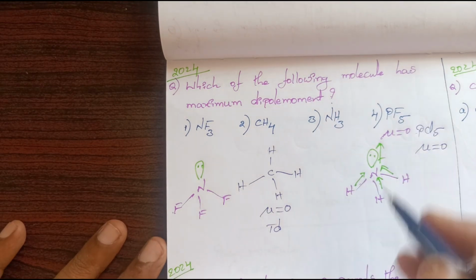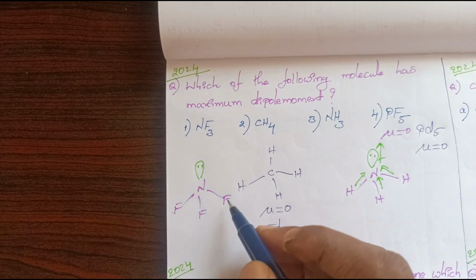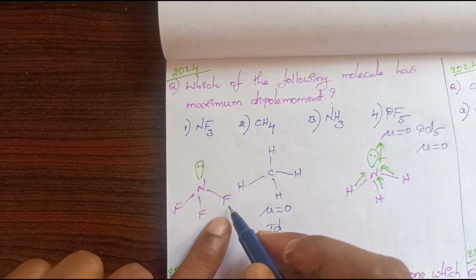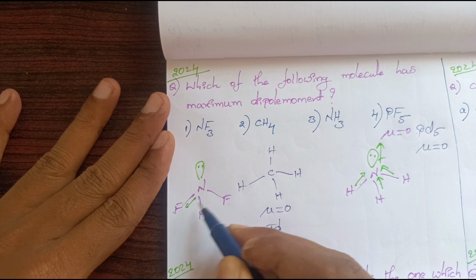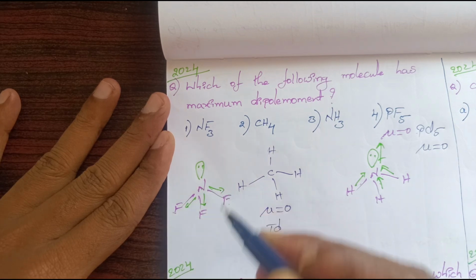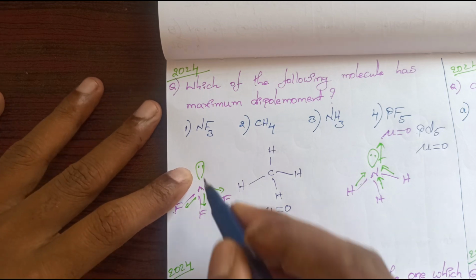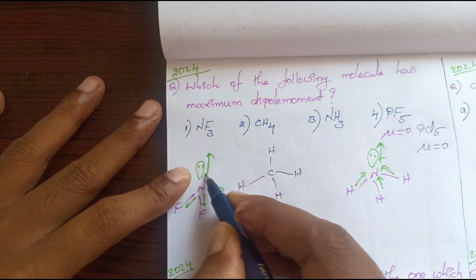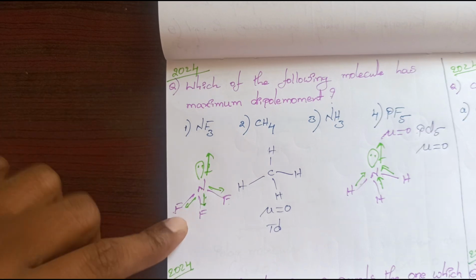There is no cancellation in this case. But in NF3, comparing nitrogen and fluorine, fluorine is the more electronegative element in the periodic table. The sigma bonding electron density moves to the fluorine side, and the lone pair also has a dipole moment moving in the opposite direction. So some cancellation exists in the NF3 case.